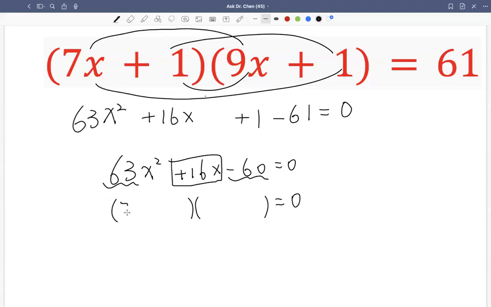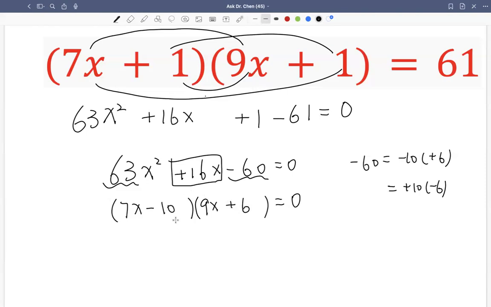Let's see, we still break up into 7x, 9x, right? So negative 60, you can think as negative 10, positive 6, or positive 10, negative 6. So maybe we try to put a negative 10 here, positive 6 here.